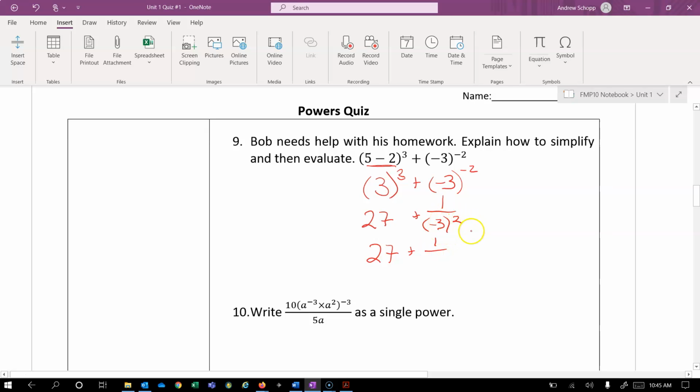Negative 3 times negative 3 is 9. And you could write this as 27 and 1/9. I actually intended on this question to change this addition symbol to multiplication, but that's okay. If you chose to try and make a common denominator with things, that was fine as well.